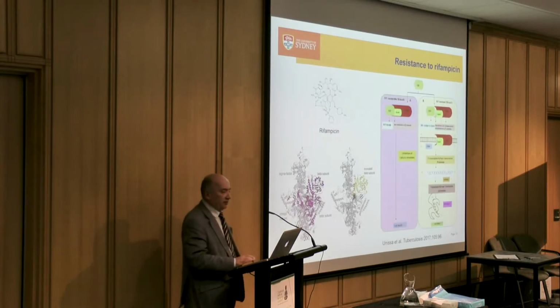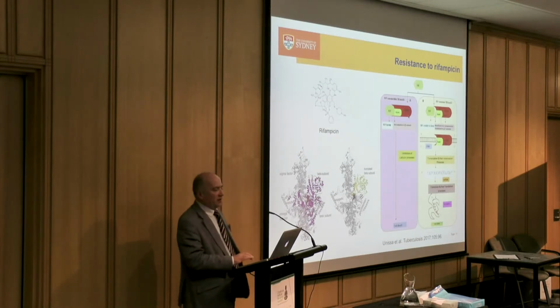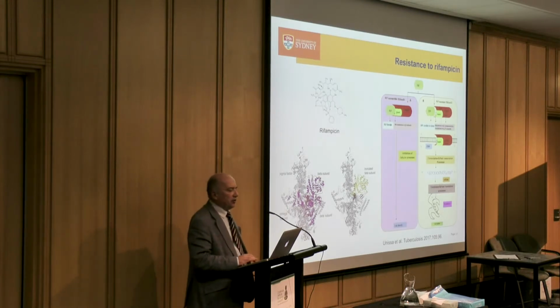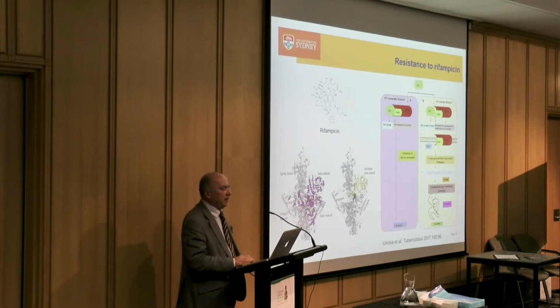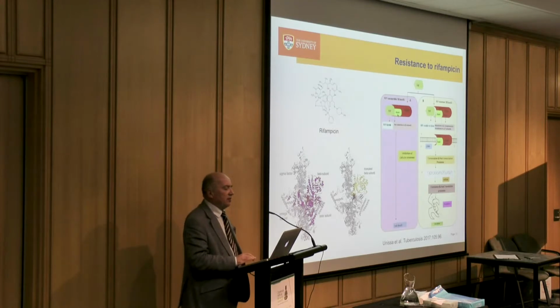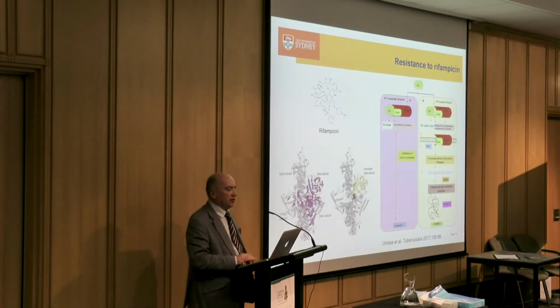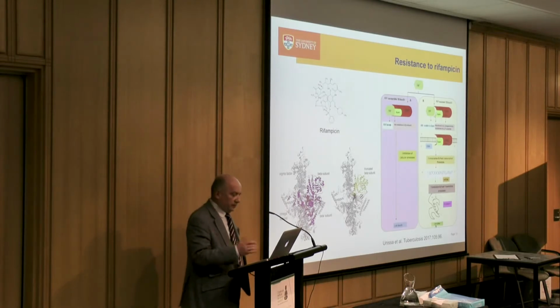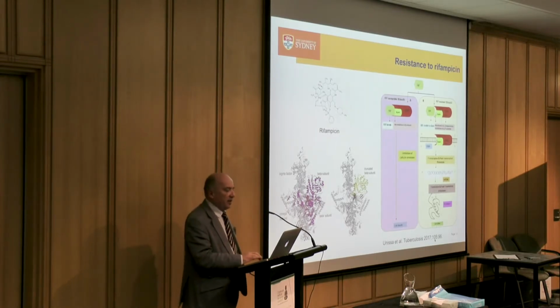These mutations lead to change in the binding between the rifampicin molecule and the target in RPOB, and as a result of this, translation and transcription would be affected, and bacteria would survive the effect of the drug because of conformational changes in the protein.